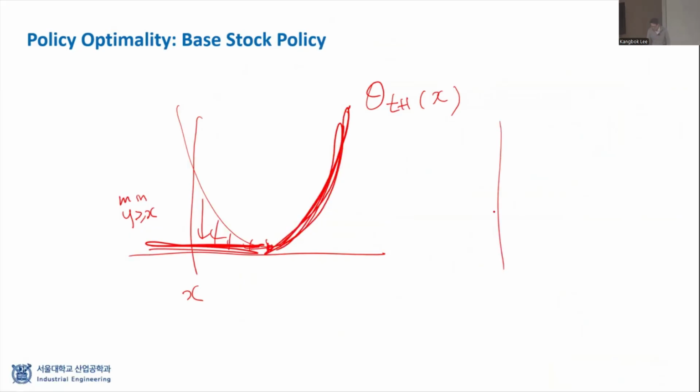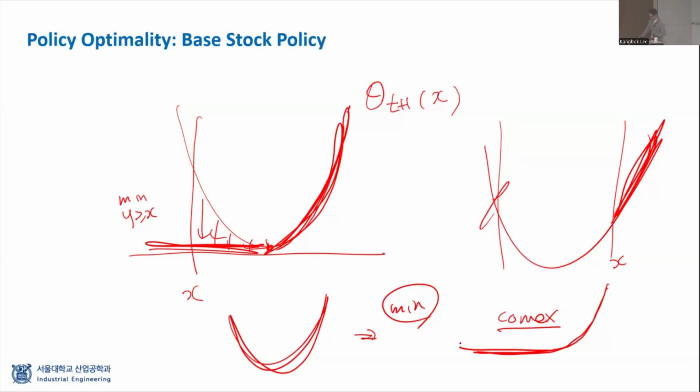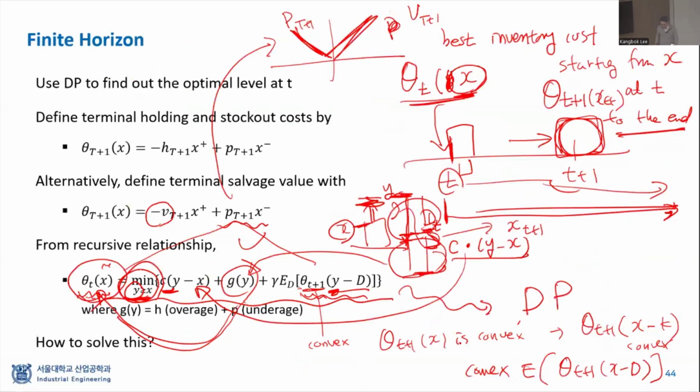If my x is here, then I will just have this part. So in other words, even if I start from this shape, the resulting one after the minimization will be something like that. But still, I can claim that this is convex. Why? Because it's smooth and this is flat, so the convex structure remains. This simple result does not hold for the second setting, unfortunately.